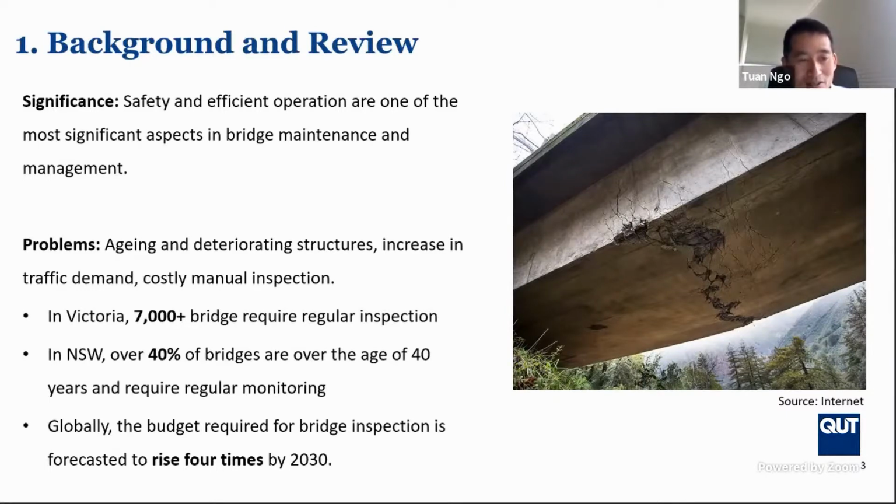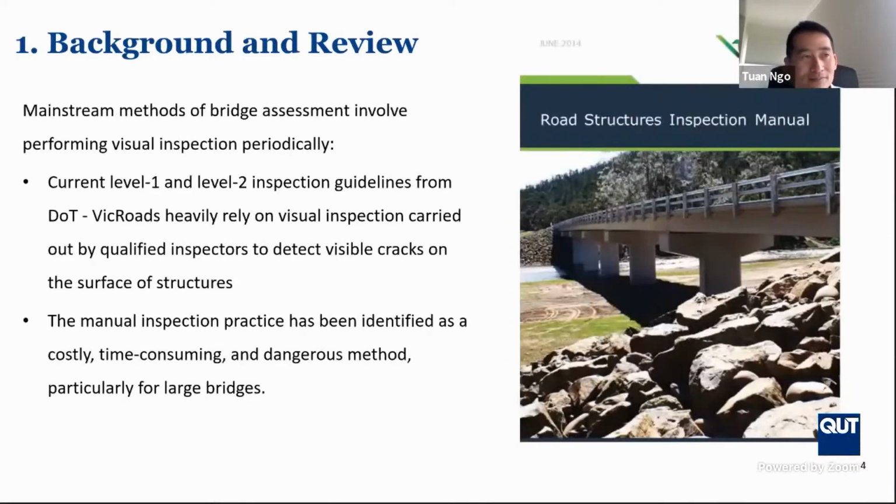In New South Wales, over 40% of the bridges are over 40 years old and will require regular monitoring. Globally, the budget for bridge inspection is forecast to rise 4 times by 2030. So a lot of work needs to be done in this area.